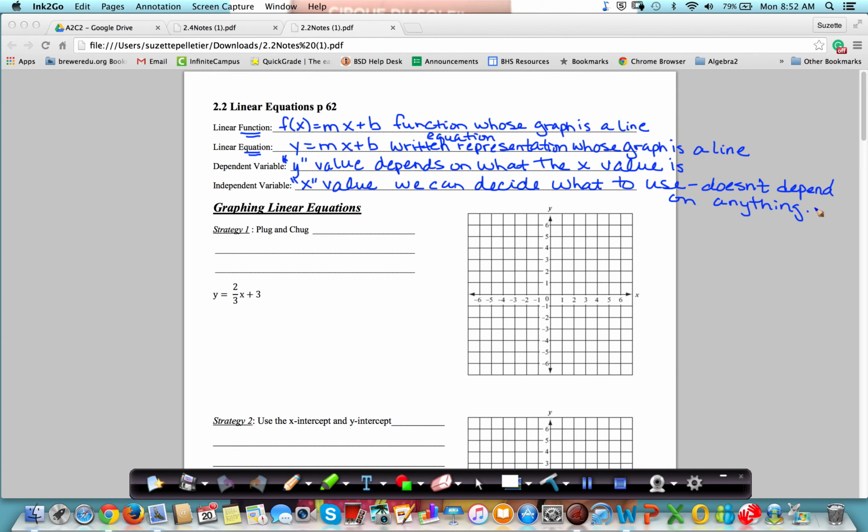Okay. So graphing a linear equation. We're going to talk about a couple of strategies. Strategy number one is plug and chug. So again, here's that plug and chug term you've heard me say before. And that is where we're just going to choose values for x. And then we're going to calculate what y equals.